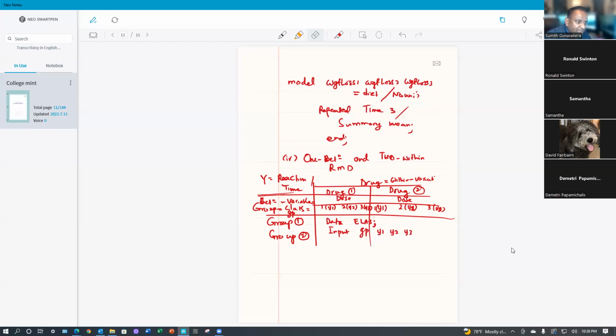Instead of calling these 1 and 2, because these are different, I would prefer to call the drug 2 doses Y4, Y5, Y6, because they're different readings.